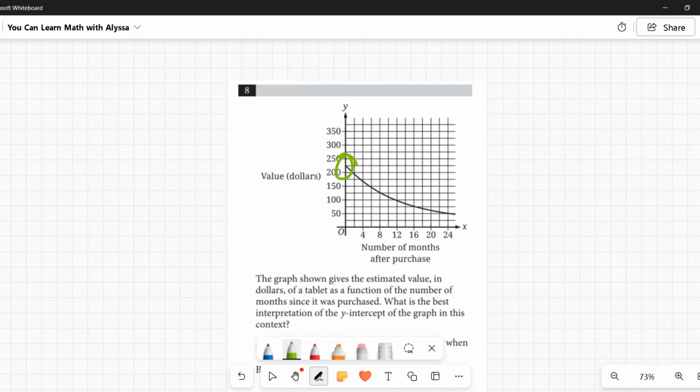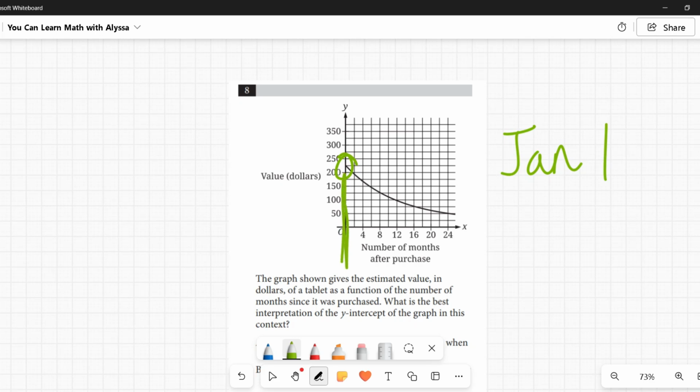So at the y-intercept, we are at 0 months after purchase. 0 months after purchase means you just bought it, right? You bought it today. So let's say it was January 1st that you bought this tablet. Probably couldn't because things would be closed then. Whatever. So you bought this tablet on January 1st.